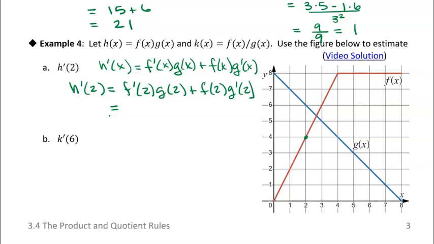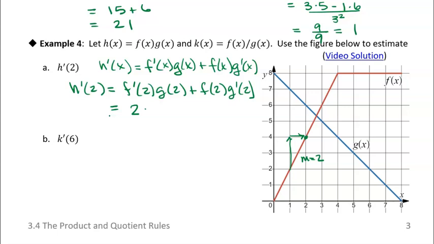Since it's just a straight line, I'm just going to take any 2 points, maybe this one and this one, and look at the rise over run, right? So it looks like I'm going up 2 units and over 1. So it appears that f prime of 2, m equals 2. That's the slope, which is f prime. So that's just going to be 2.